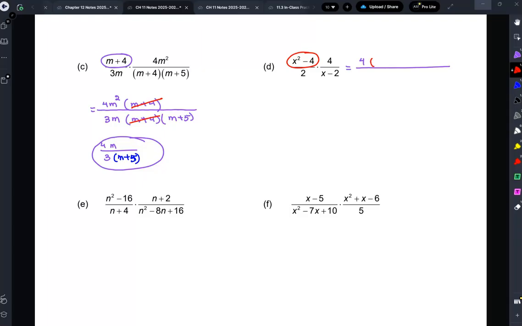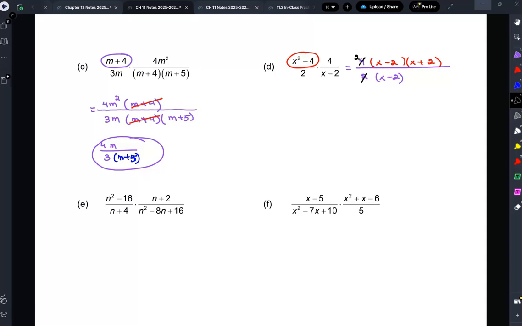So you take the x minus 2 and x plus 2. Correct. Here I write the 2. And then the x minus 2 doesn't factor, but it needs parentheses. Now, I see what reduces. 4 and 2 reduce, I get a 2.